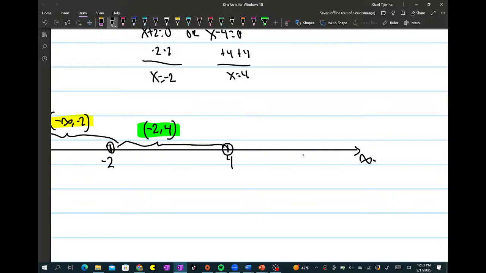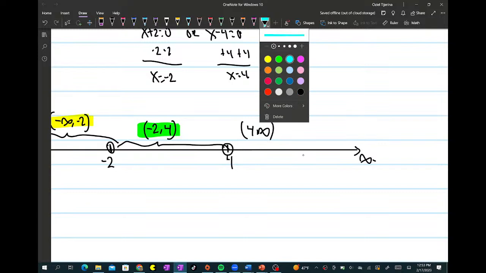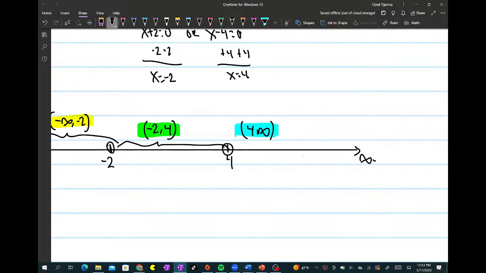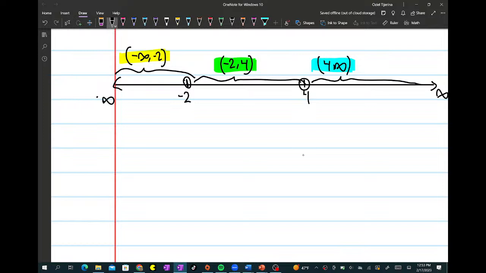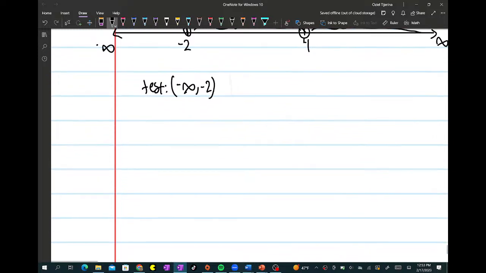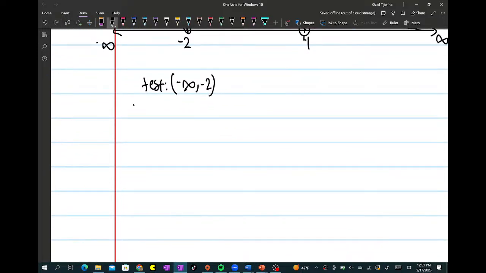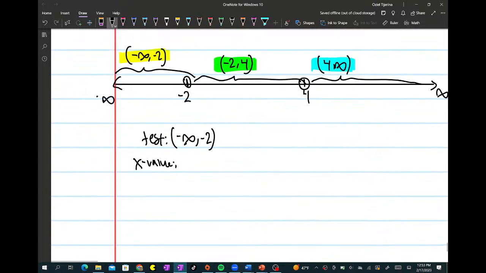And then obviously it goes parentheses 4 to infinity, and this is yet another one. So test from -infinity to -2, and the test x value that we're going to do, you can pick a number between -infinity and -2.